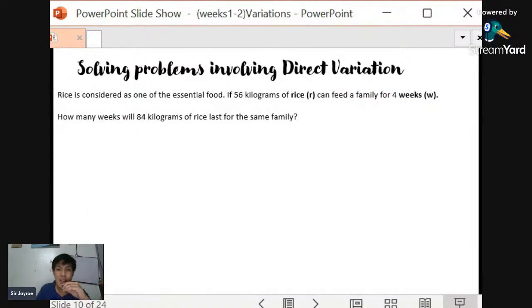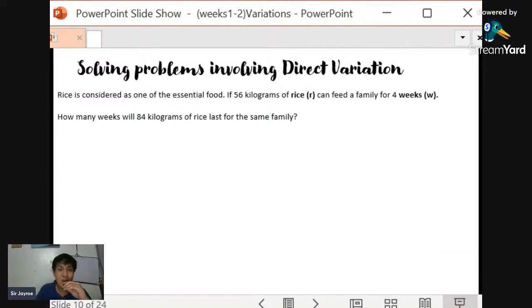So I think this is the last one for direct variation. After this, we're going to proceed to inverse. Okay, so that is the correct answer: the cost of a bottle with 225 vitamins is 900 pesos. Okay, here. Rice is considered as one of the essential foods. So lugaw is essential. That trend lasted a very long time.